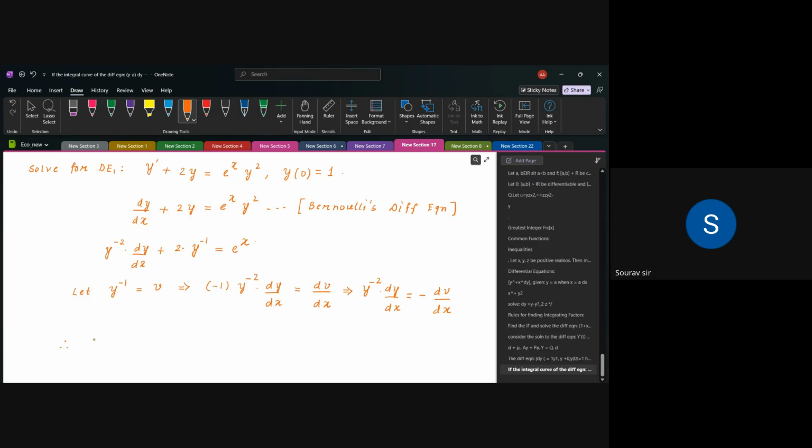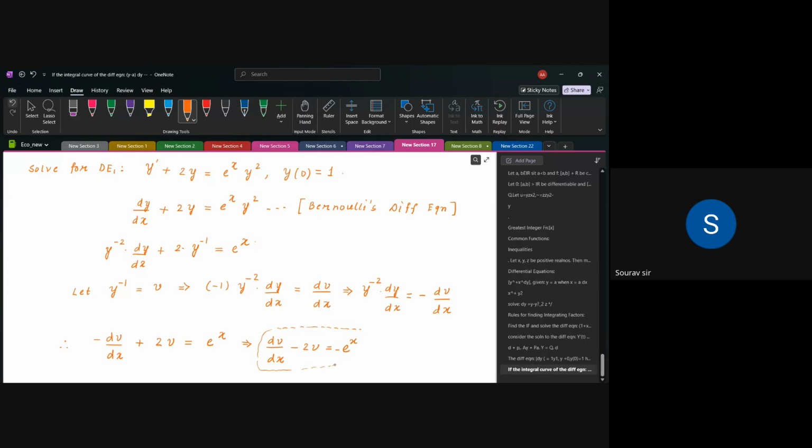So this will become minus of dv by dx plus 2v is equal to e raised to the power x. Or if I just adjust the minus sign, minus of e raised to the power x.